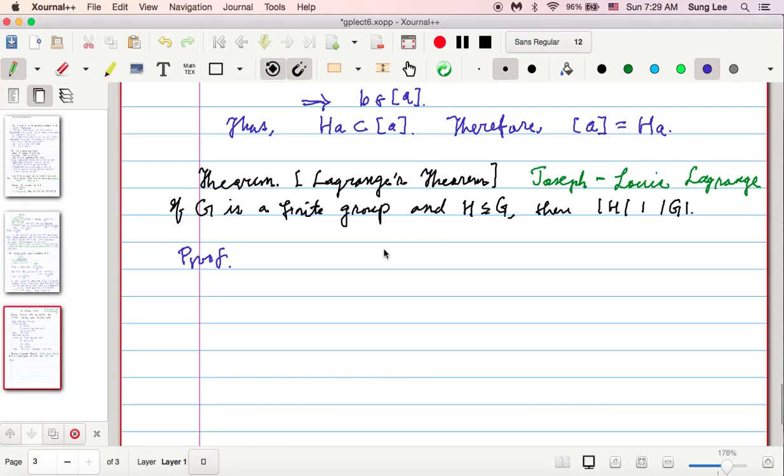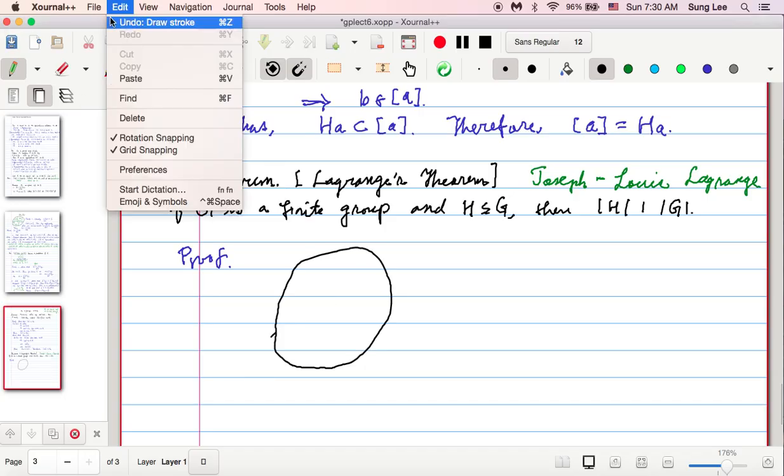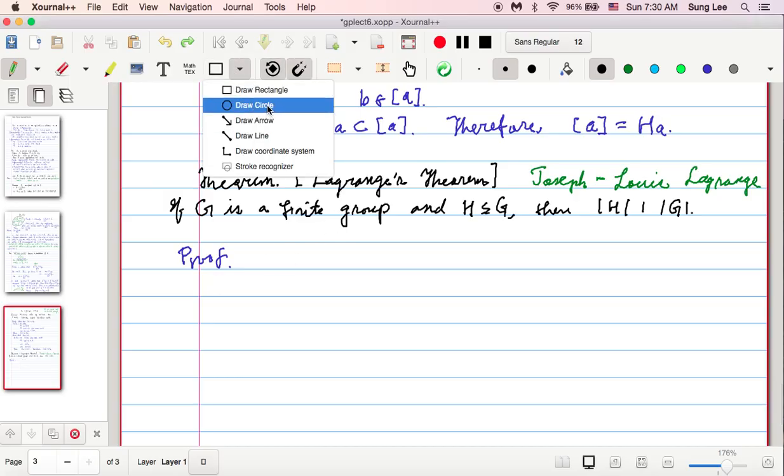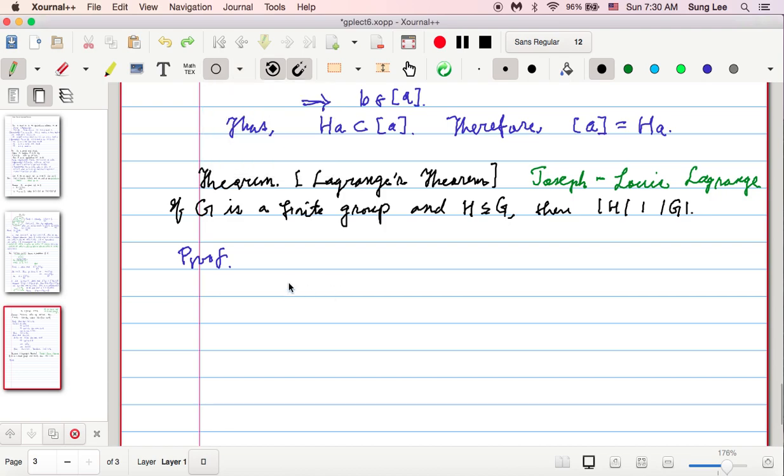Earlier I mentioned that because of the preceding lemma, we know that the right cosets of H in G, maybe I can do this.